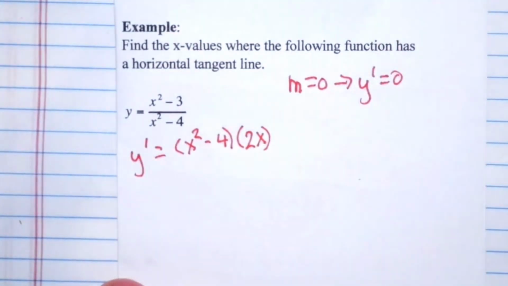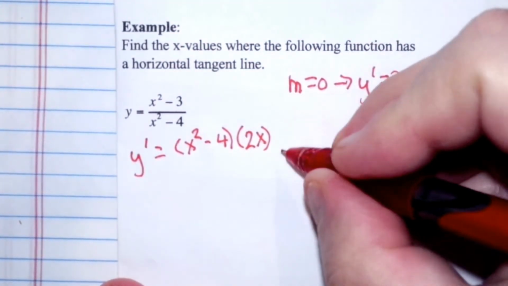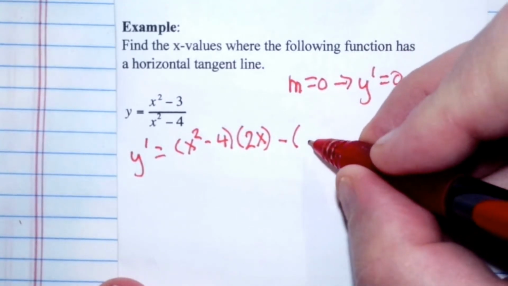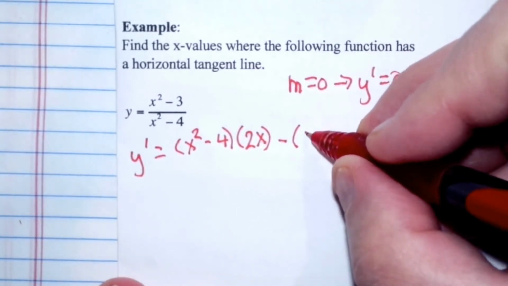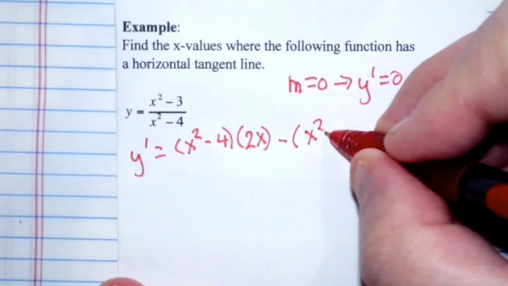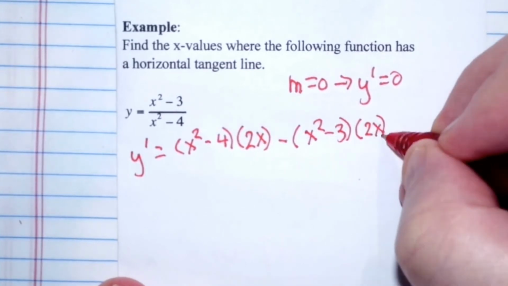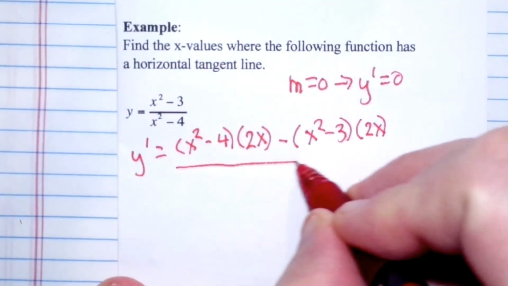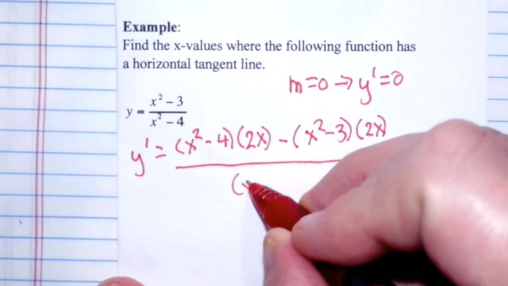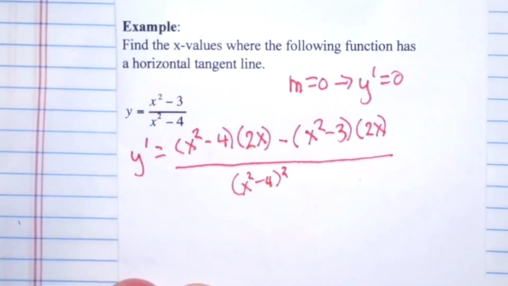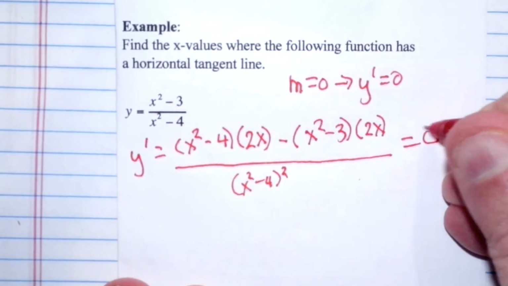So we've got x squared minus 4 times 2x minus the numerator times the derivative of the denominator, and that's going to be all over the square of x squared minus 4. So we set that equal to 0.